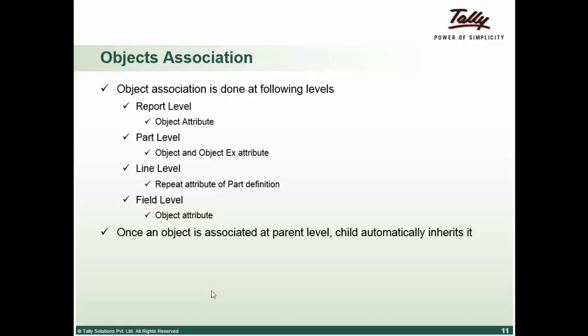If no data object is specified, then the child will inherit the data object from its parent. Once an object is associated at the top level, the child level will inherit the data object, unless at the child, the developer has explicitly provided a separate data object.